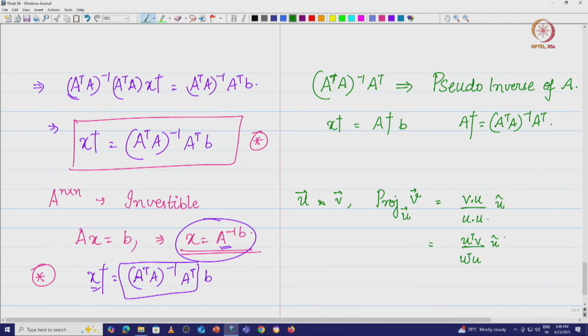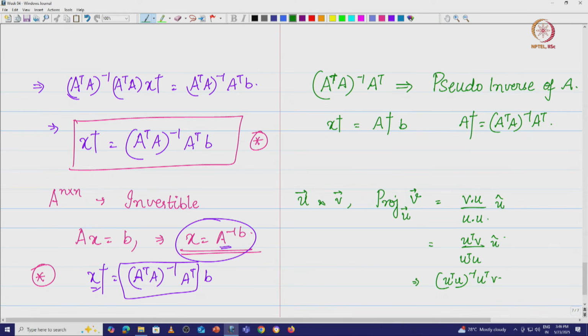Now, I can actually write this as u transpose u the whole inverse u transpose v. This looks very similar to what we have here. What we have, u transpose u the whole inverse into u transpose into that vector v, is exactly what we had here.